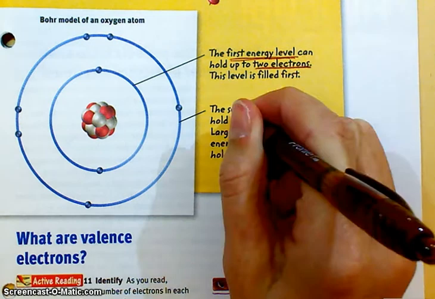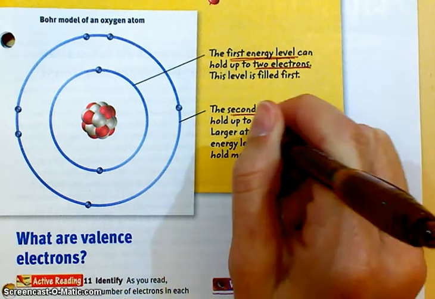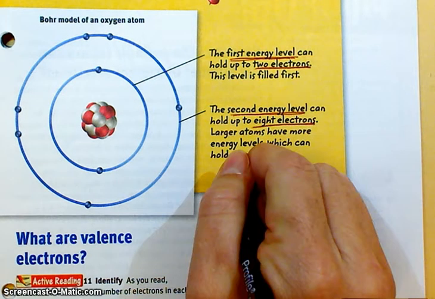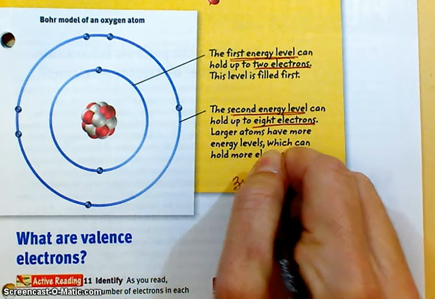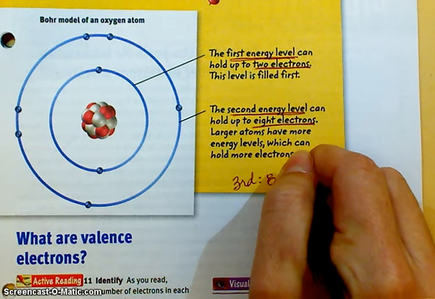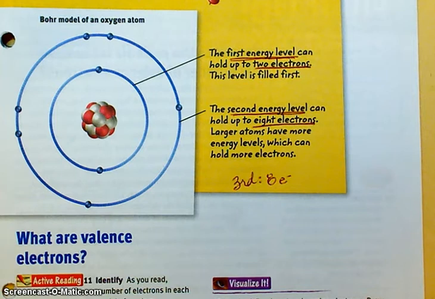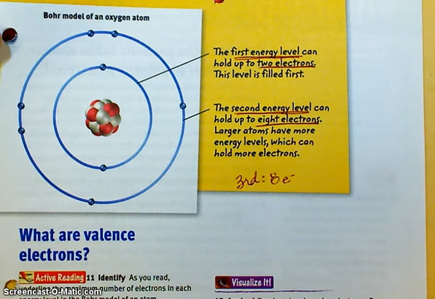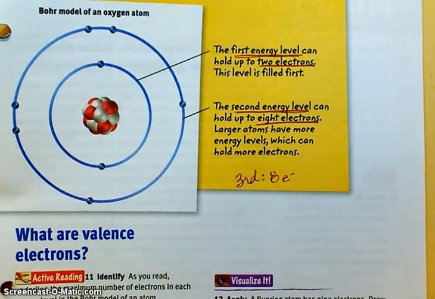The second energy level can hold up to how many? 8. And what about the third? 8. Things get a little more complicated after the third energy level, and so we probably in here will not go past the third energy level, or if we do, it'll be barely into the fourth.